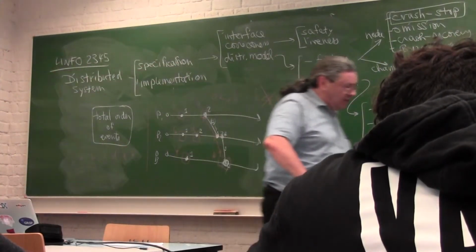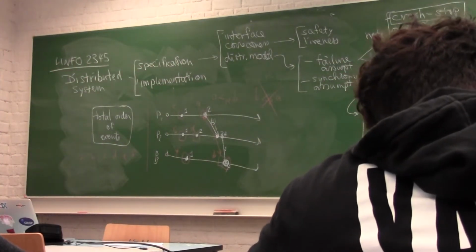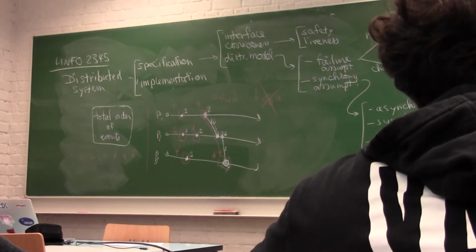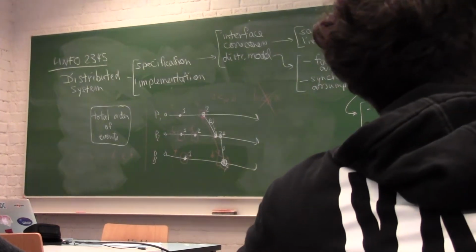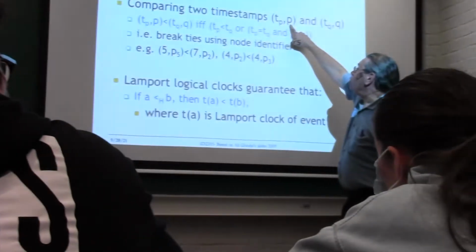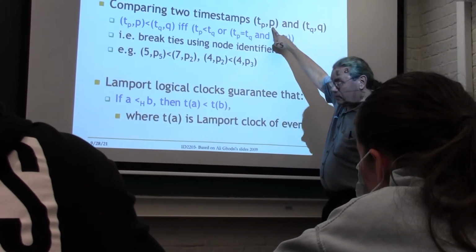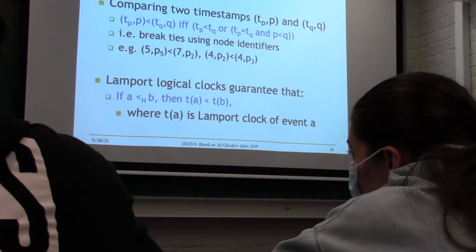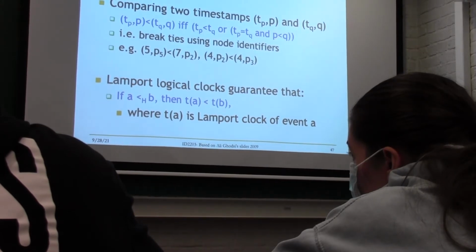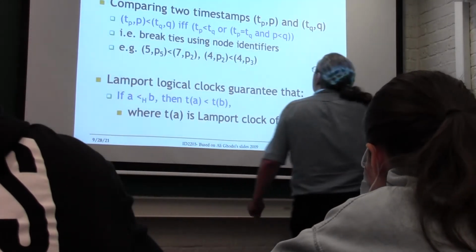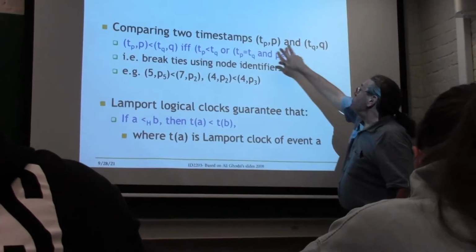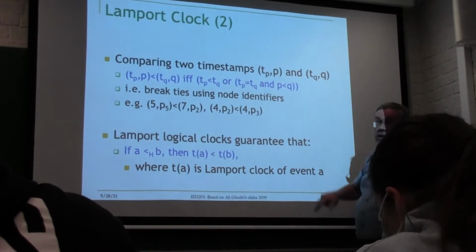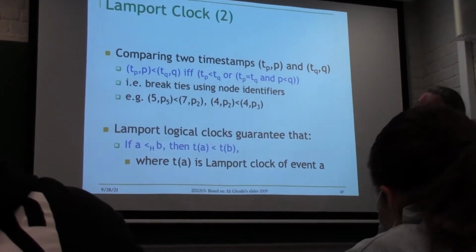Now, the Lamport clock is not good enough for that, but we can do a trick. We can actually use the Lamport clock and add something to it and get a total order. What we do is combine the Lamport clock with the process ID. The process ID is their number here, 1, 2, 3. Each node has a unique ID. So we have pairs, (T_P, P) and (T_Q, Q). These pairs, we can define a total order for them.